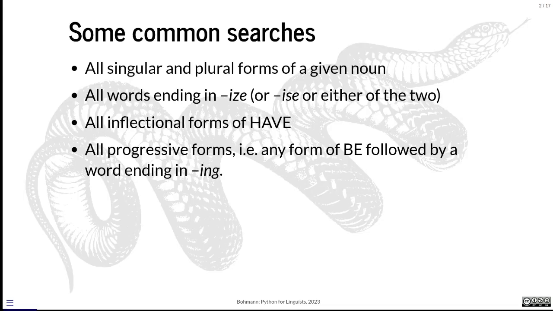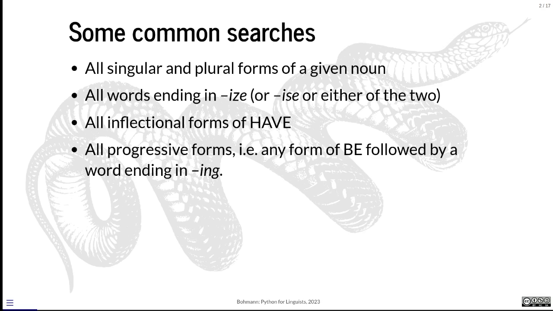So when dealing with language data, some of the things we commonly may want to search are things like all singular and plural forms of a given noun, all words ending in "-ize", whether that's spelled with a Z or an S, all inflectional forms of the verb have, like have, has, had, etc. All progressive forms, so all inflectional forms of be followed by a word ending in ing.